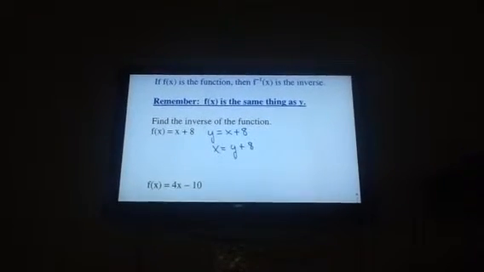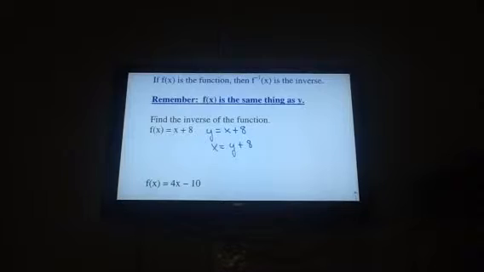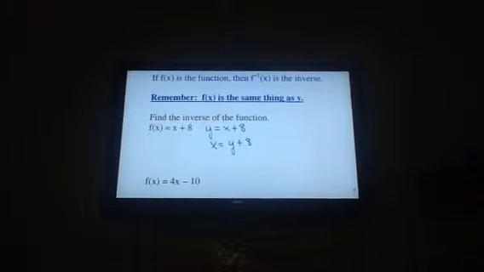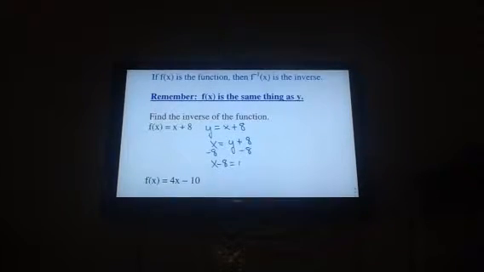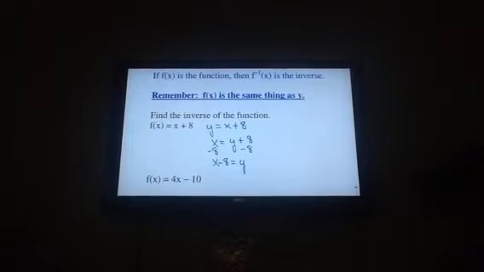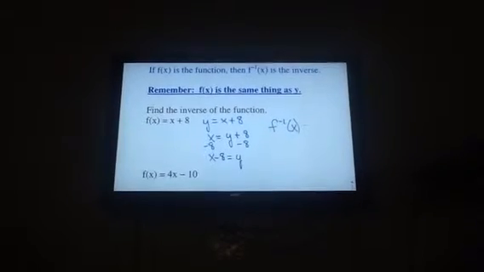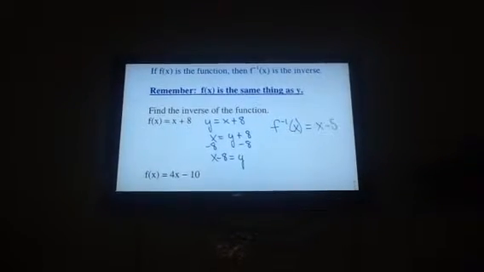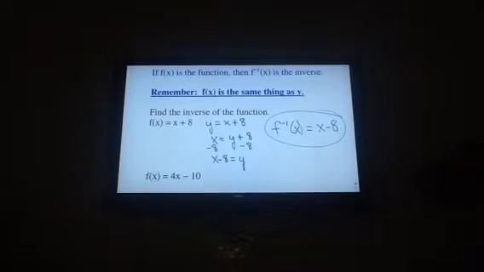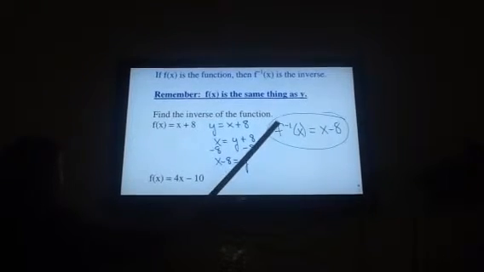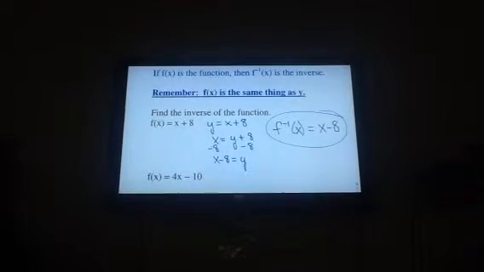So replace your f of x, switch your x and y, and now solve the equation for y. Solve the equation for y. So I'm going to subtract my 8. So I have x minus 8 equals y. And then that's my inverse. So to write my final answer, I'm going to go back and replace my y now with my inverse notation, f negative 1 of x equals x minus 8.